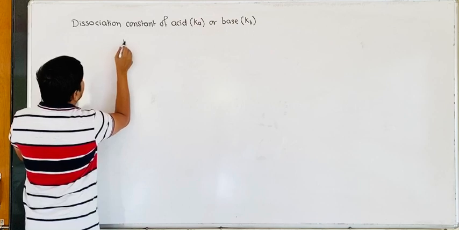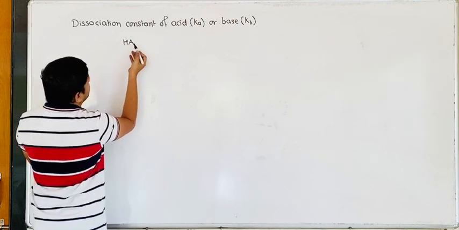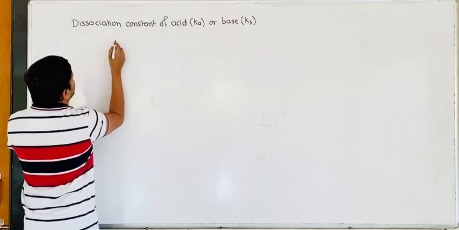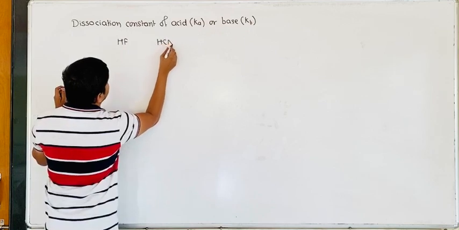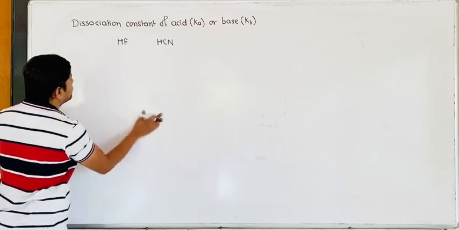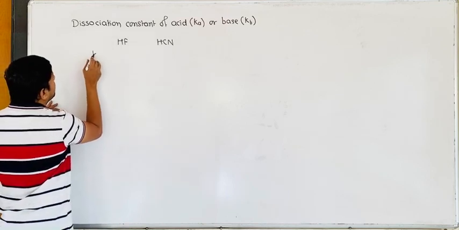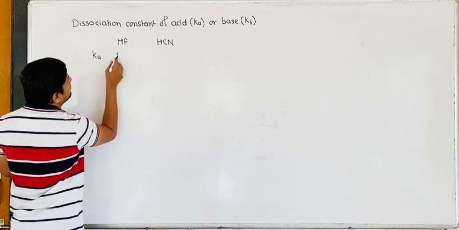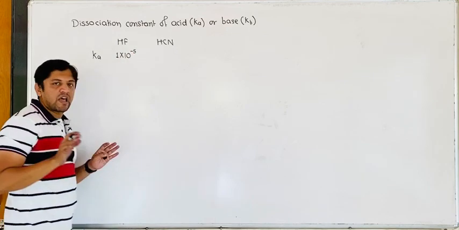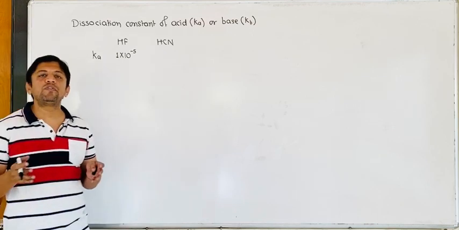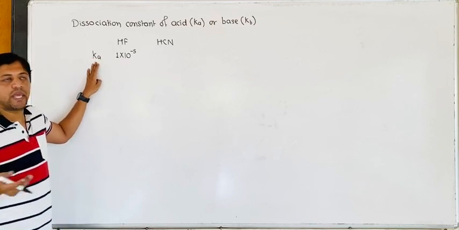Consider two acids, HF and HCl, and let's assume their Ka values at a certain temperature: Ka of HF is 1 into 10 raised to minus 5. These are not actual values or real values. We have taken this to understand the concept of Ka and pKa.